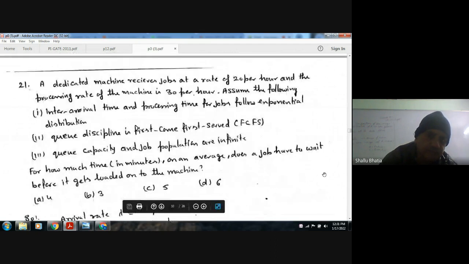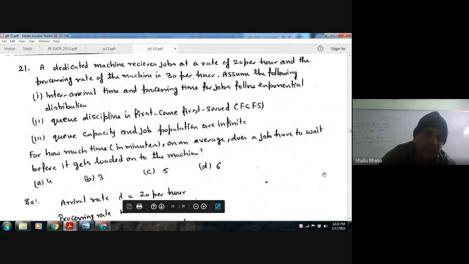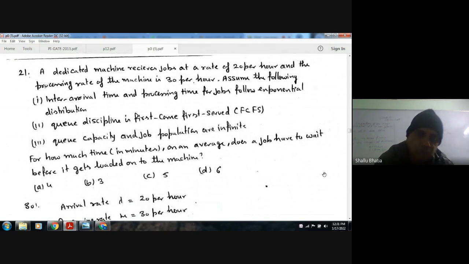Next, a dedicated machine receives jobs at a rate of 20 per hour and the processing rate of the machine is 30 per hour. Assume the following: 1. Inter-arrival time and processing time for jobs follow exponential distribution. 2.